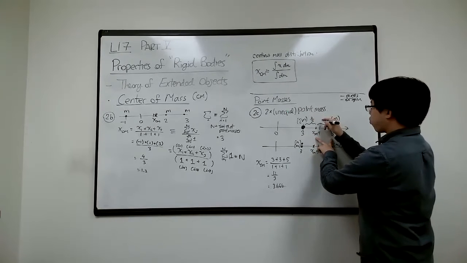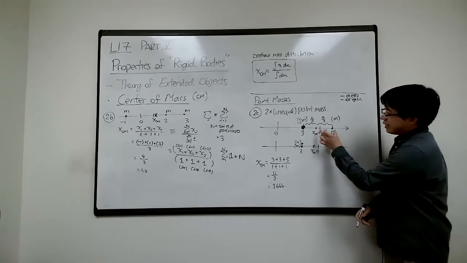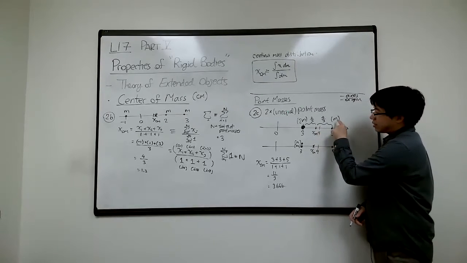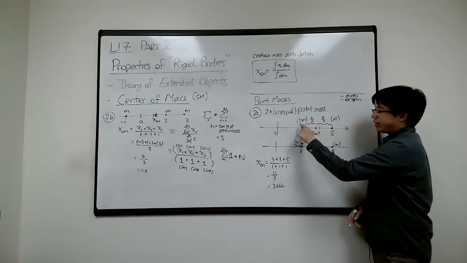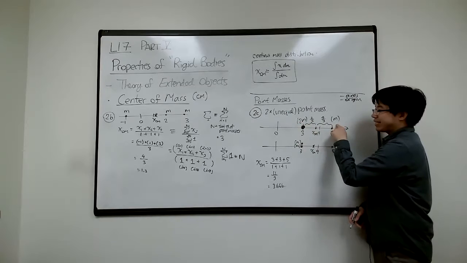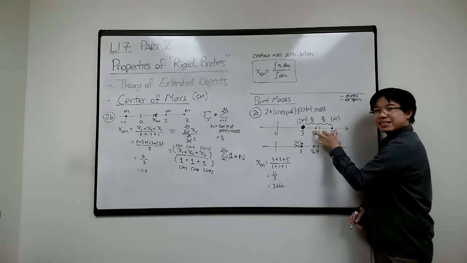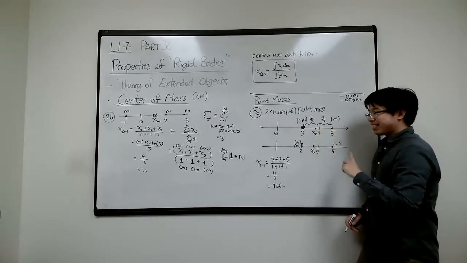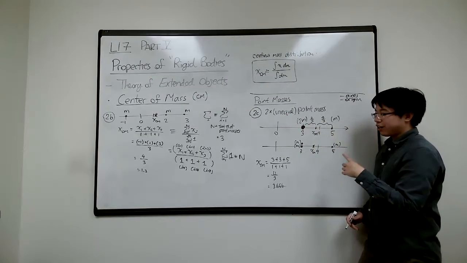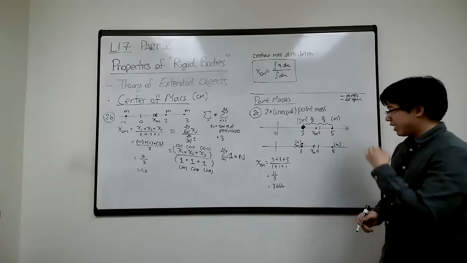So together it is 1 1/3, which is 4/3. Can you see the distance between the smaller mass and the larger mass? This is twice as heavy as this. Now the center of mass is shifted so that this is twice as short as this, or I should say this is twice as long as this. And this gives us an intuition on how to calculate this.